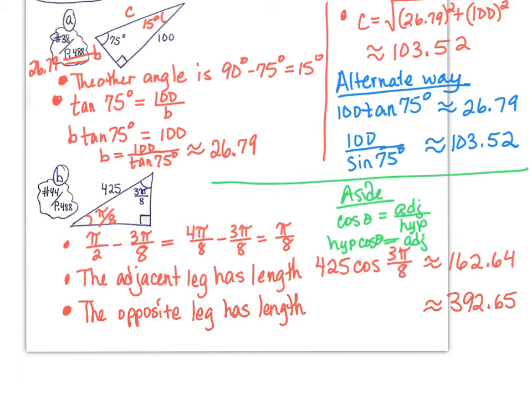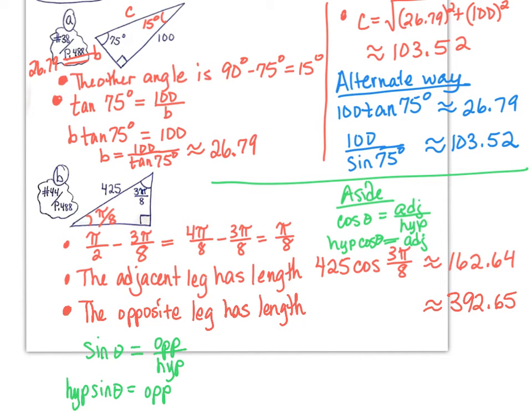Here, you can also use the fact that sine of theta is equal to what over what? Opposite over hypotenuse, which means that your opposite is equal to your hypotenuse times sine of theta.